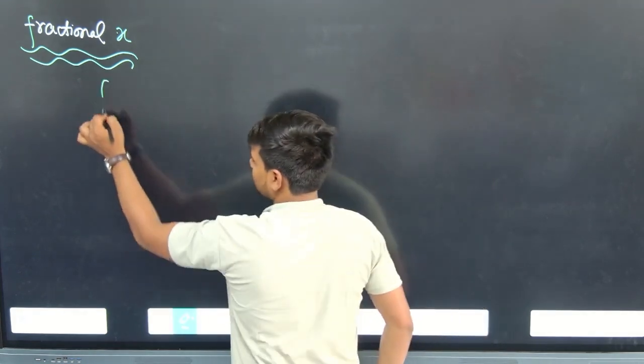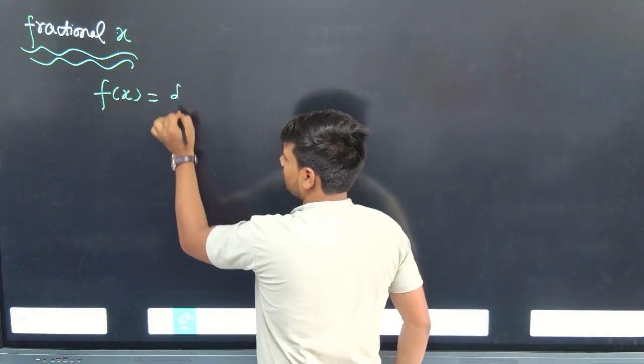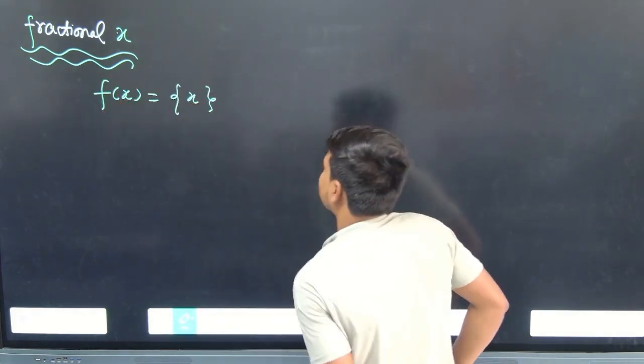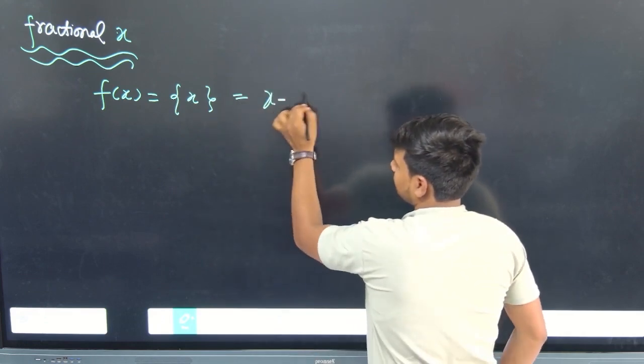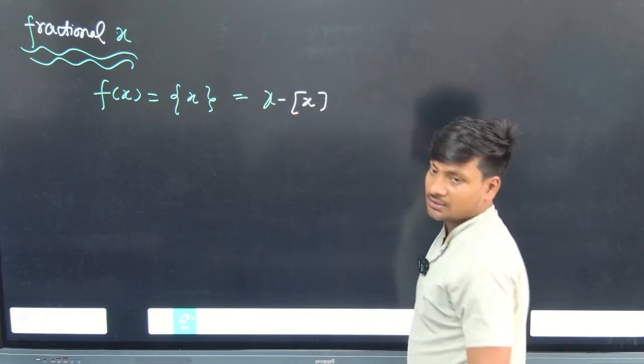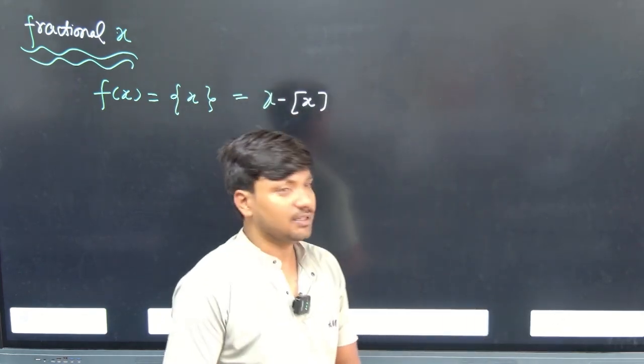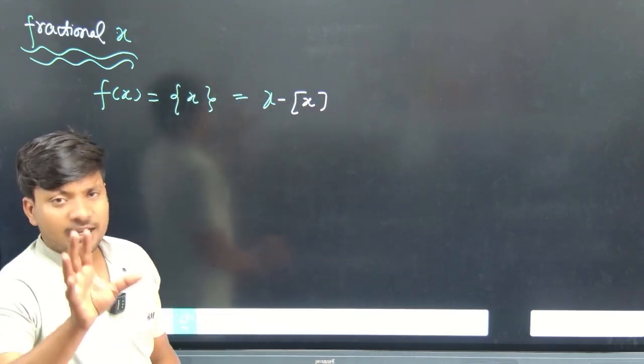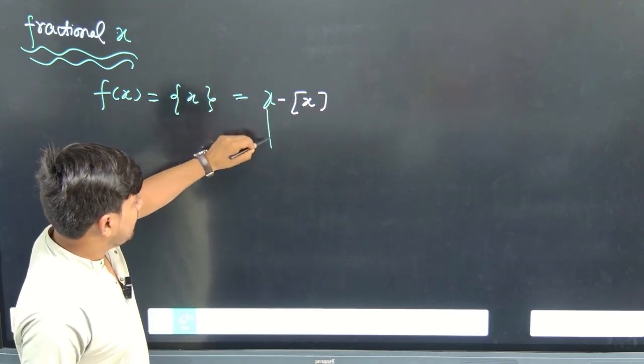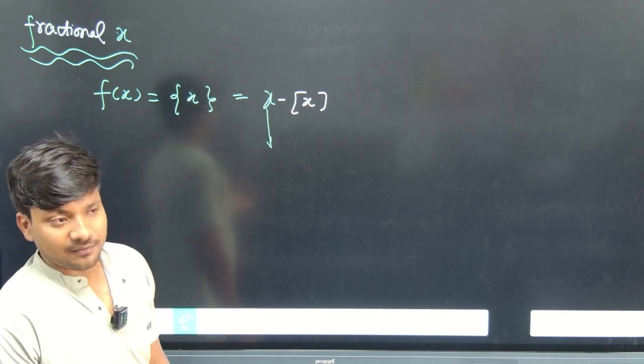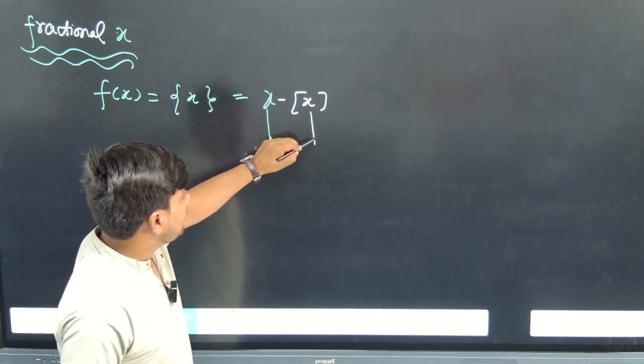So fractional function, as we know, f(x) equals fractional x. This is defined as x minus greatest integer x. Clearly you can see that x is a simple 1 degree polynomial, linear, and this is greatest integer x.